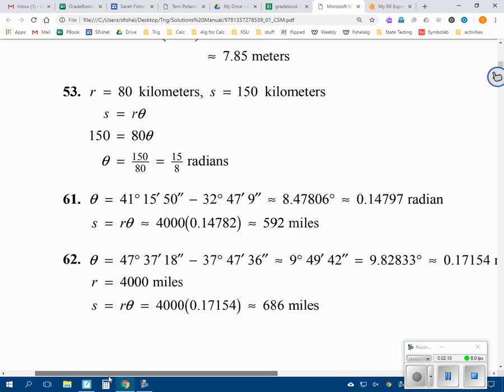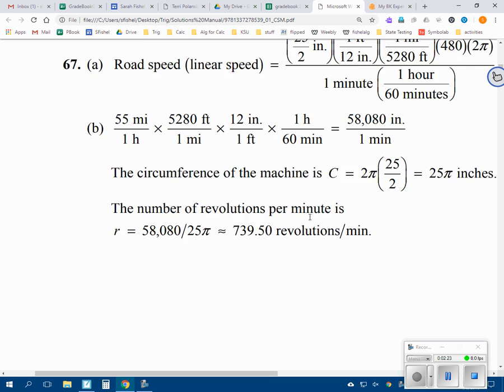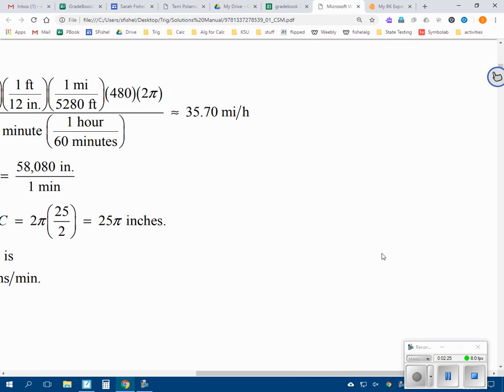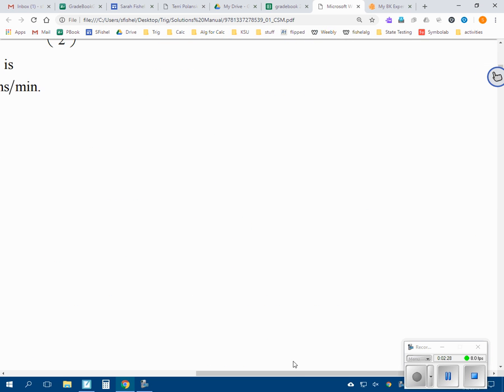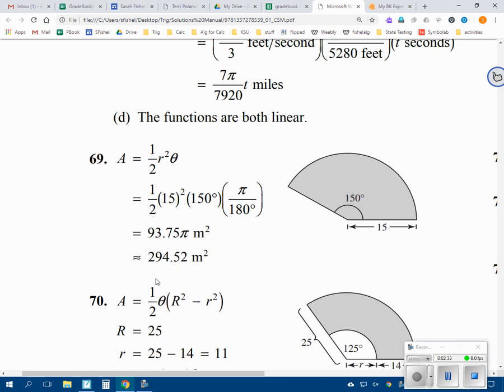Calm down, it's gonna be okay. 63, theta equals 23.87 degrees. And 69 is 294.52 meters squared. If it doesn't specify, you can do whatever you want.